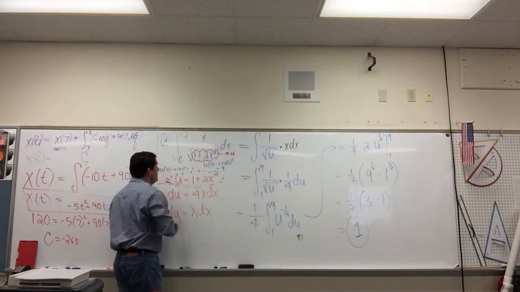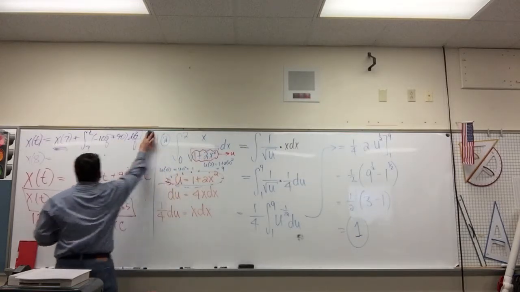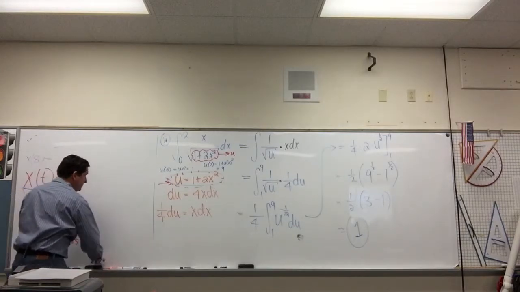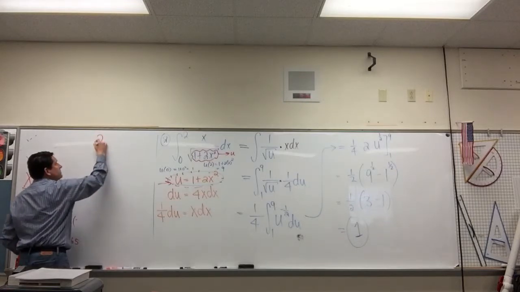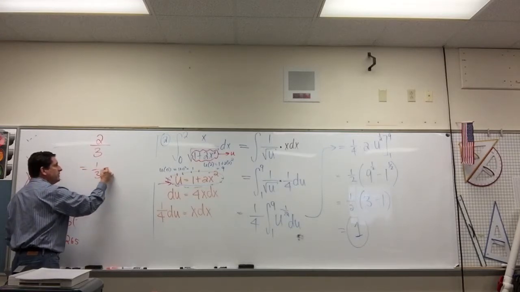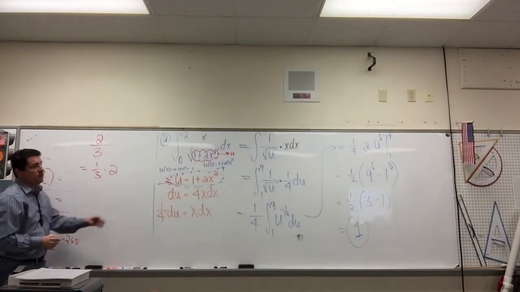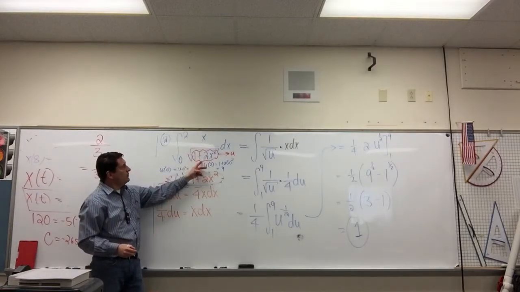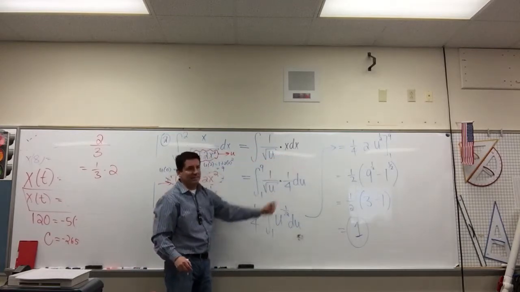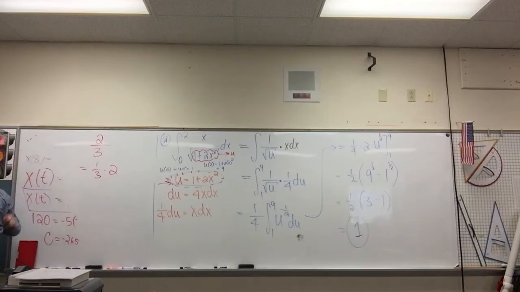This right here, let's stop and think about fractions, a generic fraction. 2 over 3 is really 1/3 times 2. So x over the square root of this is the same as 1 over the square root of this times x. So it's rewriting it into that form. Okay, any other part that you don't get?